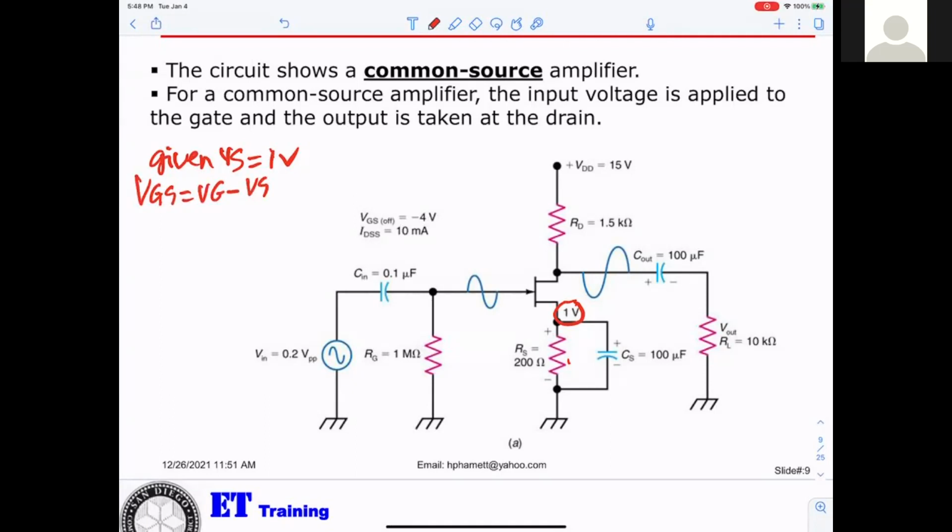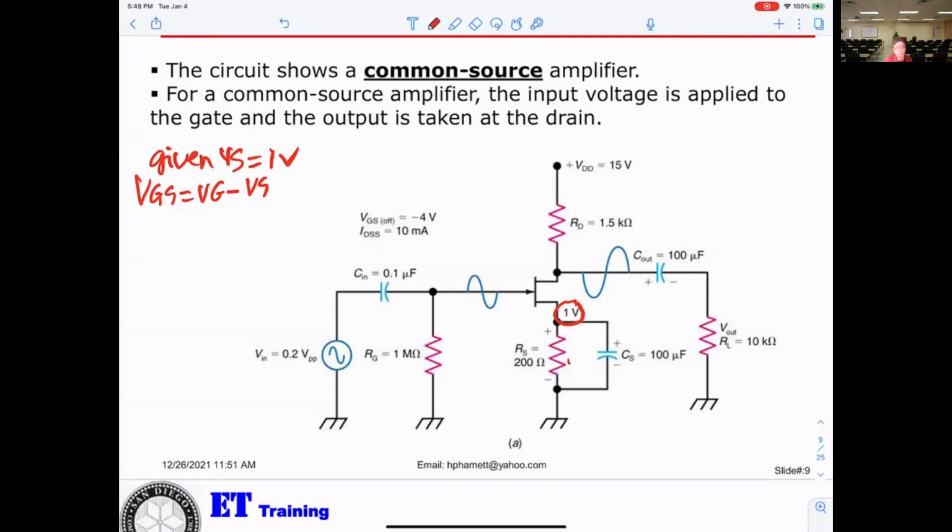I don't know, that's what I'm asking you. We know VS is 1, but my question is what is VG? That means on the DC bias, you still cannot understand.